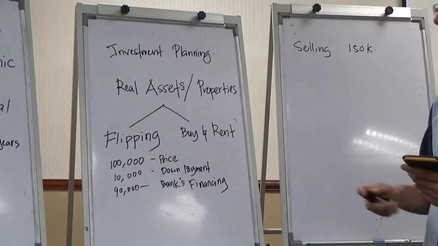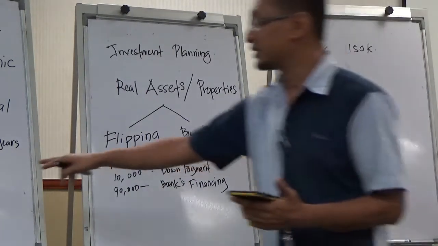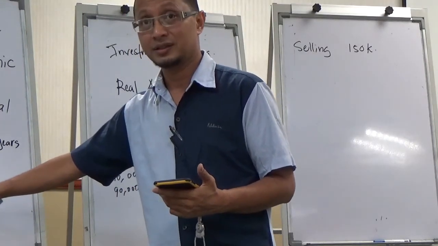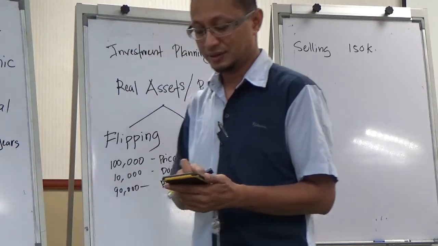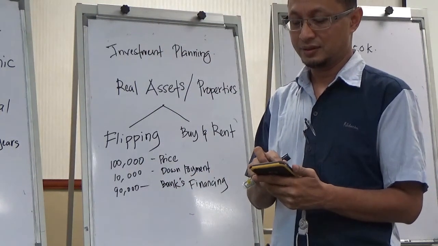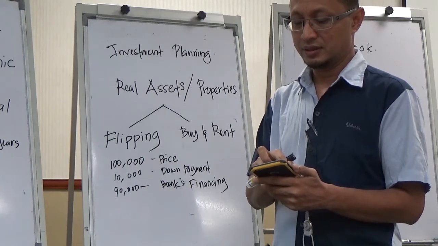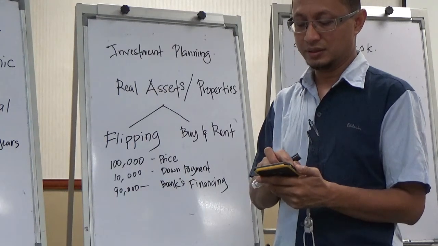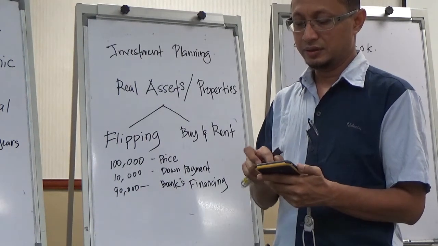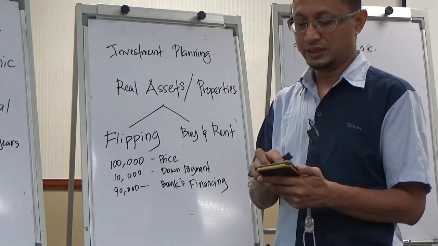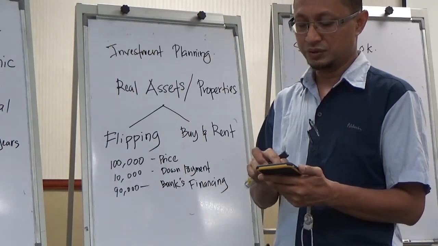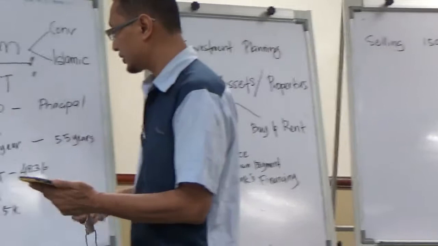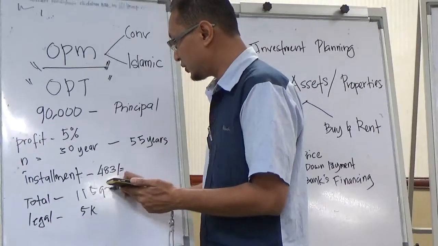Monthly cost times 12, or times 24, because it is 2 years. So 483 times 24 gives you 11,592.